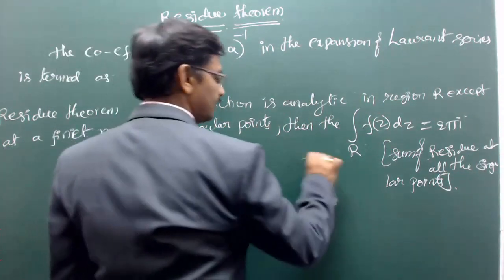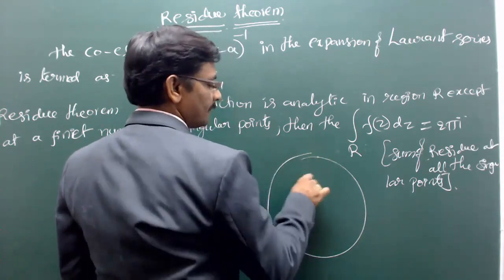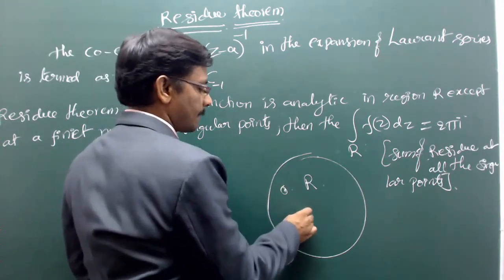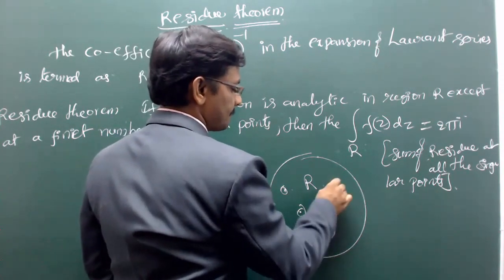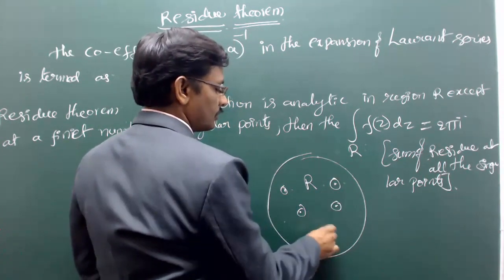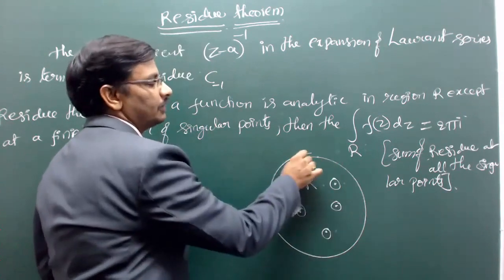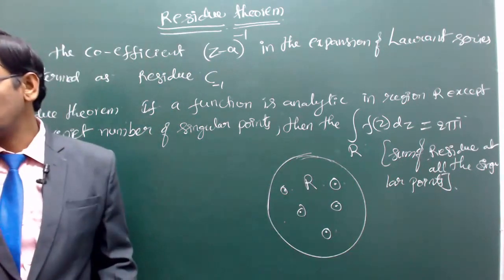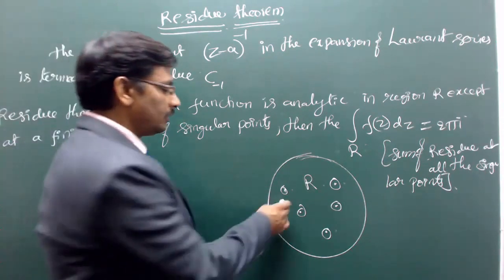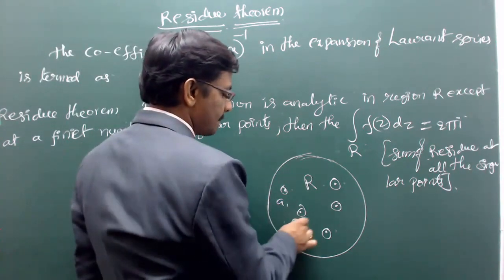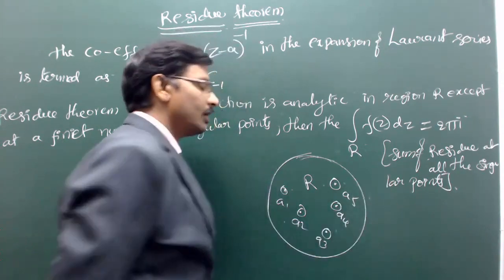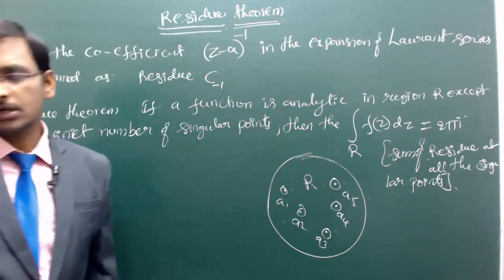Suppose there is a region identified by this R, in which the function is analytic at every point except at certain singular points A1, A2, A3, A4 and A5. At all these points, the function is not analytic.